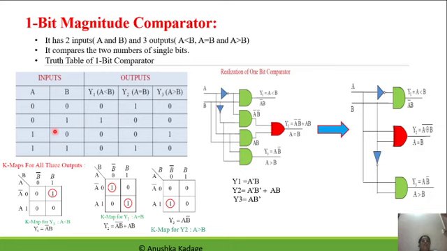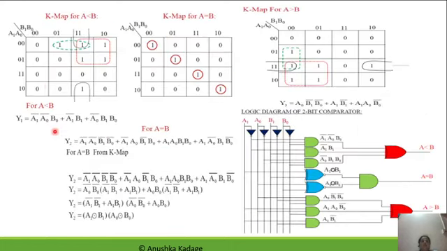So let's check. In this, the next row has all elements 0 and the last row is 0, 0, 1, 0.